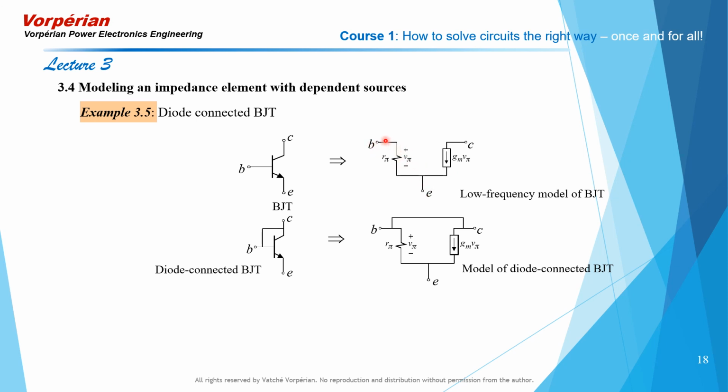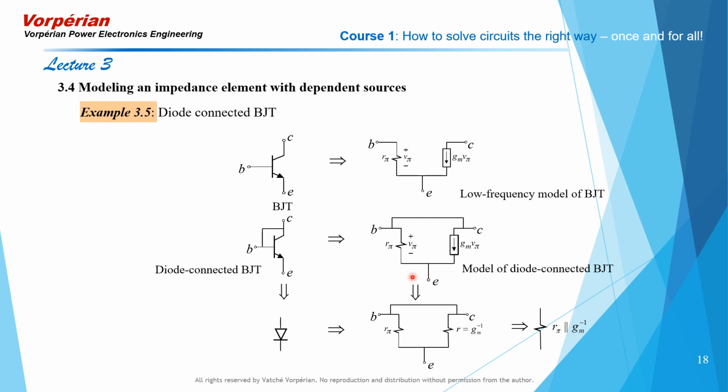Now, when I short the base to the collector, I'm impressing this voltage V pi across the current source itself. So now this current source, GM, is talking to the voltage across itself. V pi becomes the voltage across itself. And when you do that, that current source can be replaced by a resistance 1 over GM.